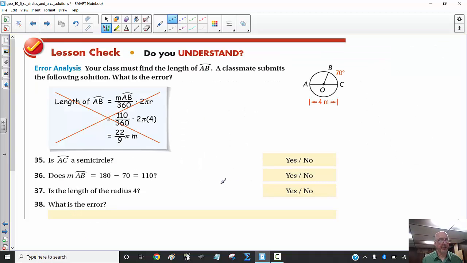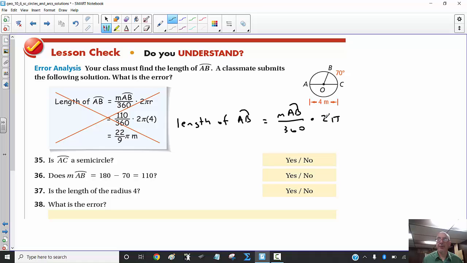Let's take a look at this over here. Instead of looking at what's wrong, let's start off with what's right. The length of arc AB, and then we'll compare, is going to be equal to the measure of the degrees of AB over 360 times the circumference of a circle.